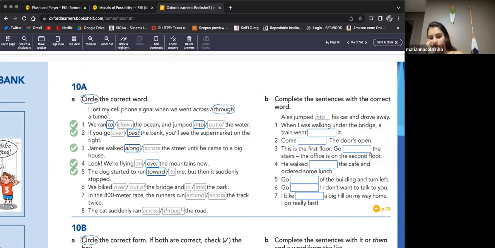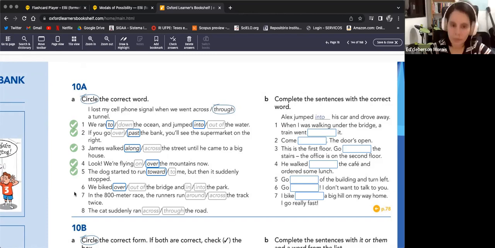Number 6. We biked over out of the bridge and into the park. We biked over the bridge. Over the bridge, okay.